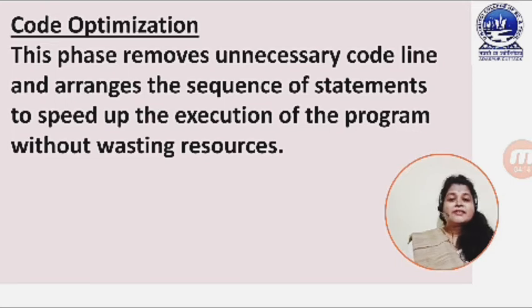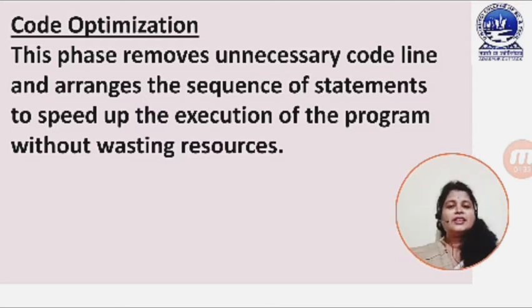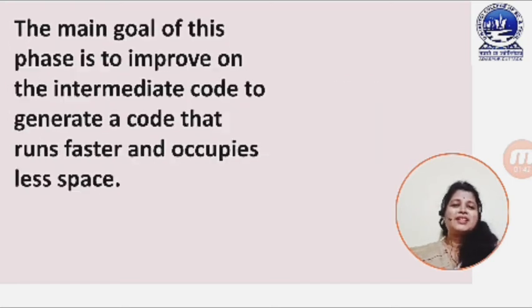Then the next phase, which is a more interesting and powerful mechanism of compilation, is code optimization. When the compiler converts your source code into machine understandable code, it performs a number of optimization techniques. The objective of the code optimization phase is to improve the performance of program execution.